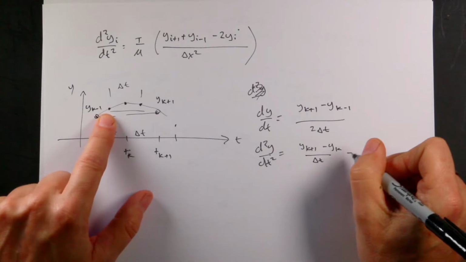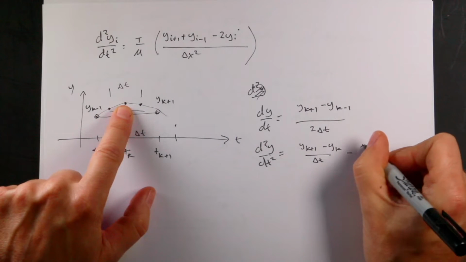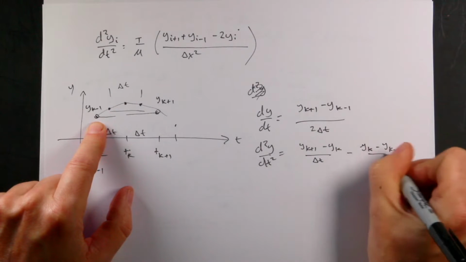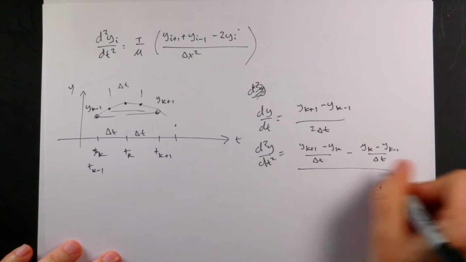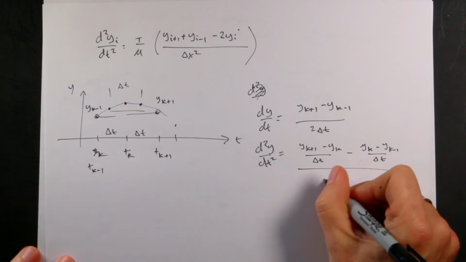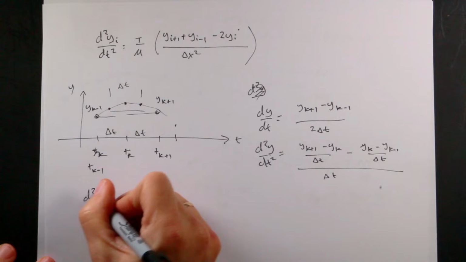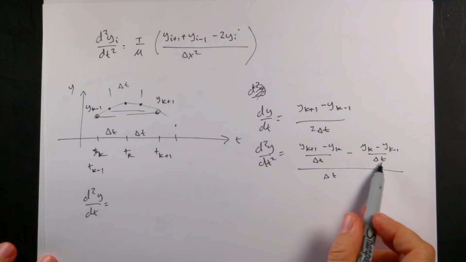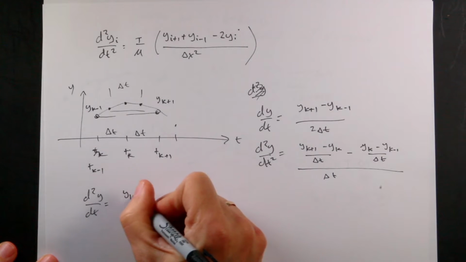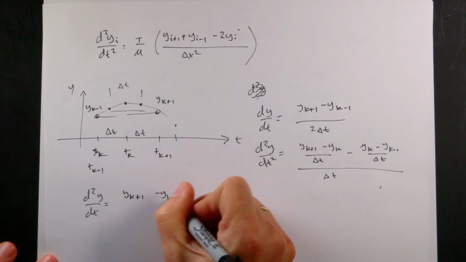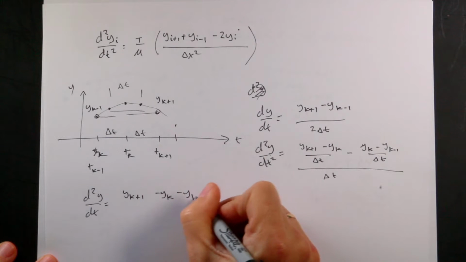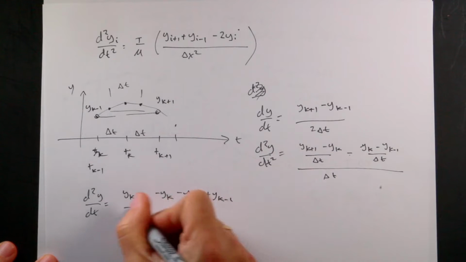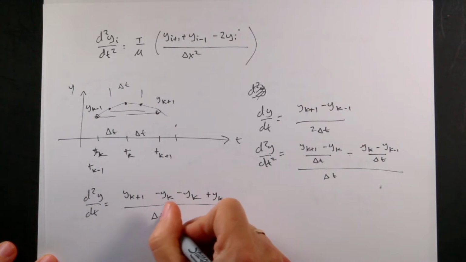And then I'm going to subtract off this slope, which is yk minus yk minus 1, all of that over delta t. And then I have to divide the whole thing by the distance from here to there, which is delta t. So the second derivative of y with respect to time is equal to, with a common denominator of delta t squared, yk plus 1 minus yk, and then minus a negative, so plus yk minus 1, minus yk, all of that over delta t squared.